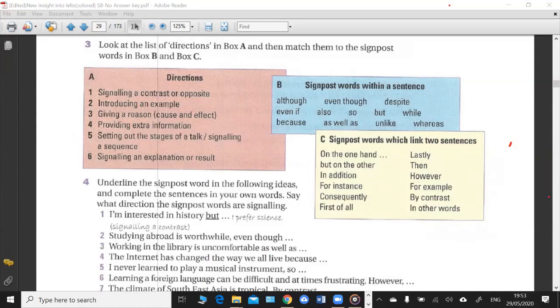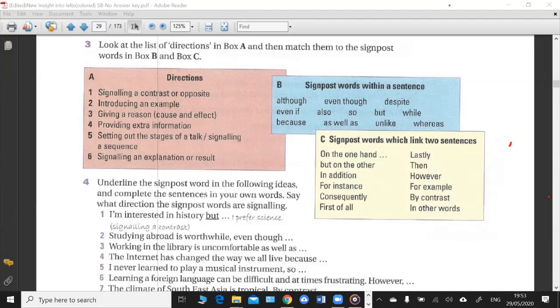Now I want someone to read the directions. Number 1, signaling a contrast or opposite. Number 2, introducing an example. Number 3, giving a reason, cause and effect. Number 4, providing extra information. Number 5, setting out the stages of a talk, signaling a sequence. And number 6, signaling an explanation or result.